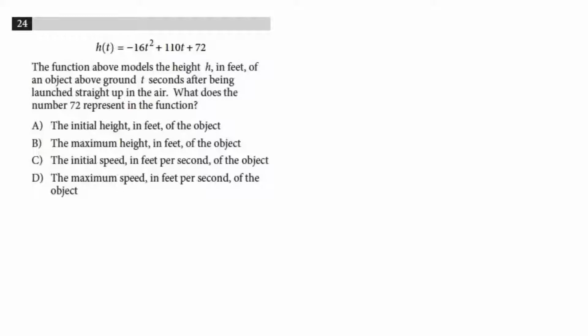24. The function above models the height in feet of an object above ground t seconds after being launched straight up in the air. What does the number 72 represent in the function? Okay, well, let's think about, imagine if time was 0.